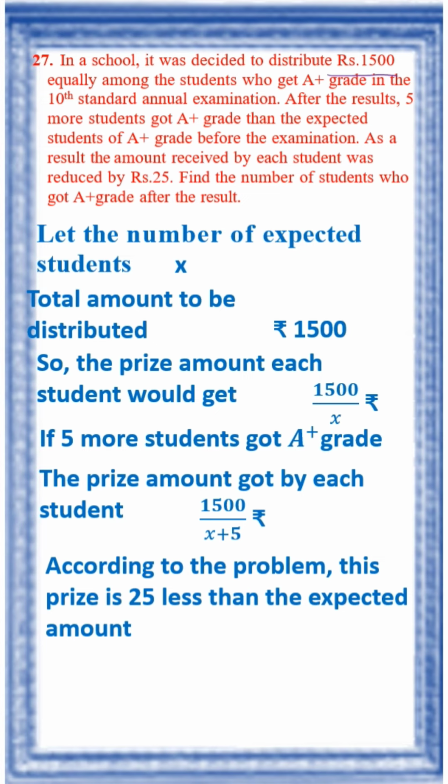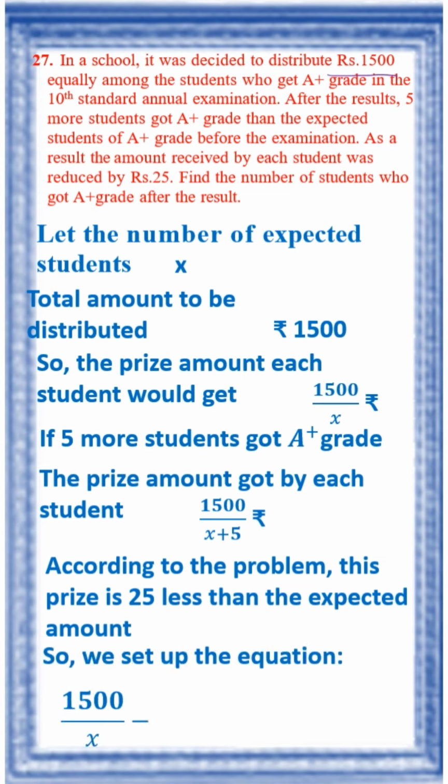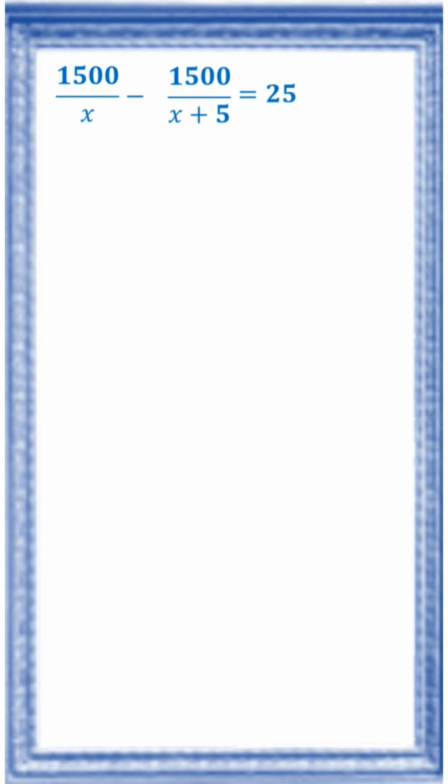According to the problem, this prize is 25 less than the expected amount. So we set up the equation: 1500 by x minus 1500 by x plus 5 is equal to 25. Now let us take the LCM, x into x plus 5.